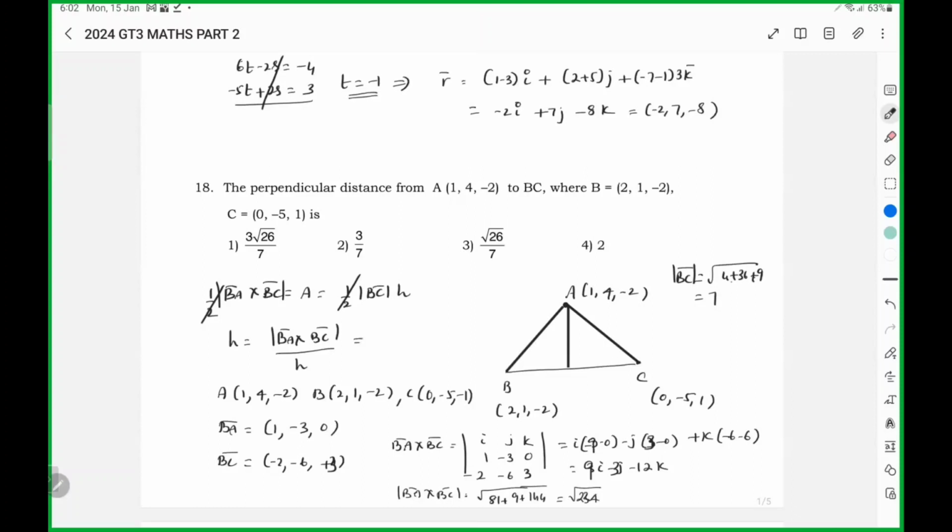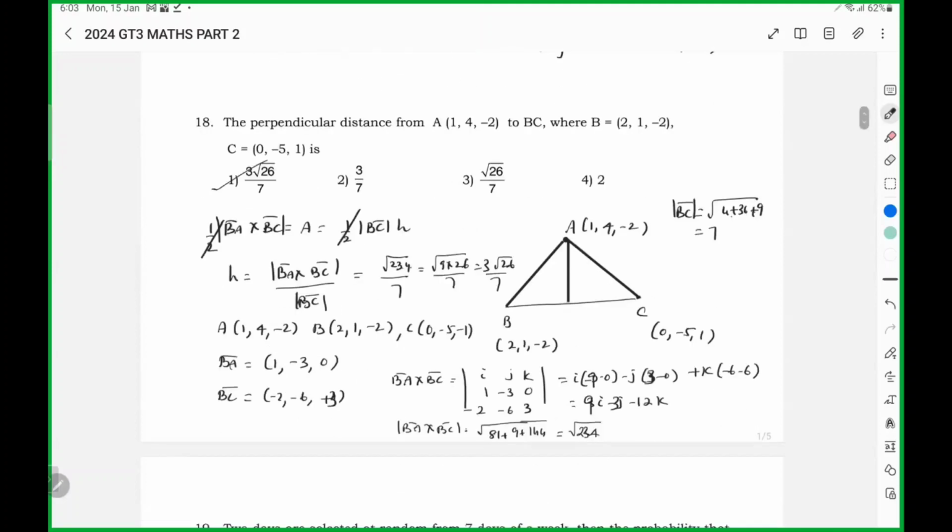BC is 7. So here h will be root of 234 by 7. So root of 9 into 26 is 3 root 26 by 7. First option.